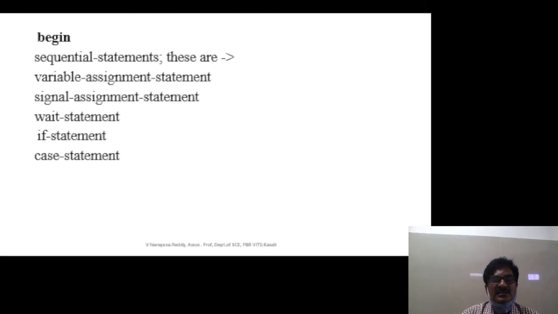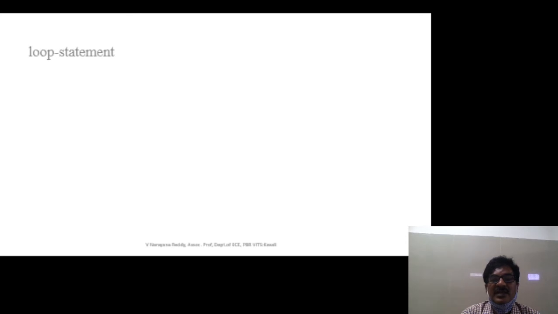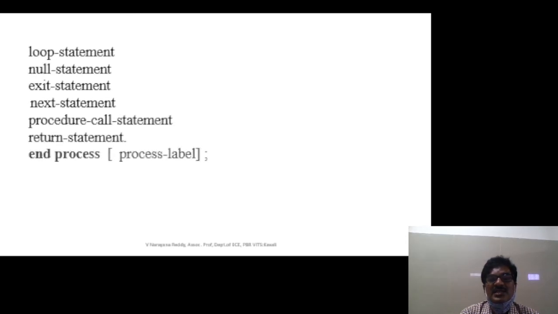Like that we have different sequentially executed statements which we can use while writing programs. Some more are also listed here: loop statement, null statement, exit statement, next statement, procedure call, return statement, and finally end process. After end process, an optional label is the label name of the process. Like that you can see the syntax for the process.